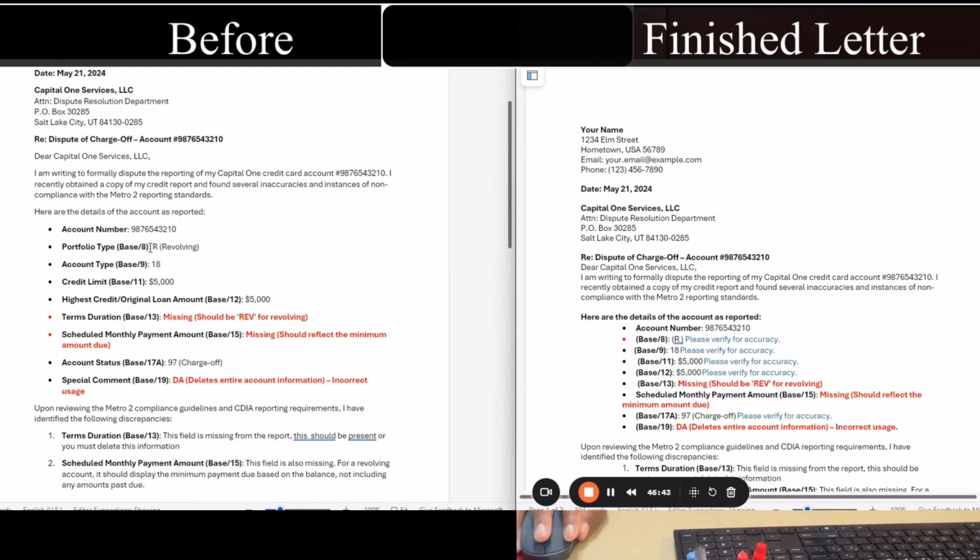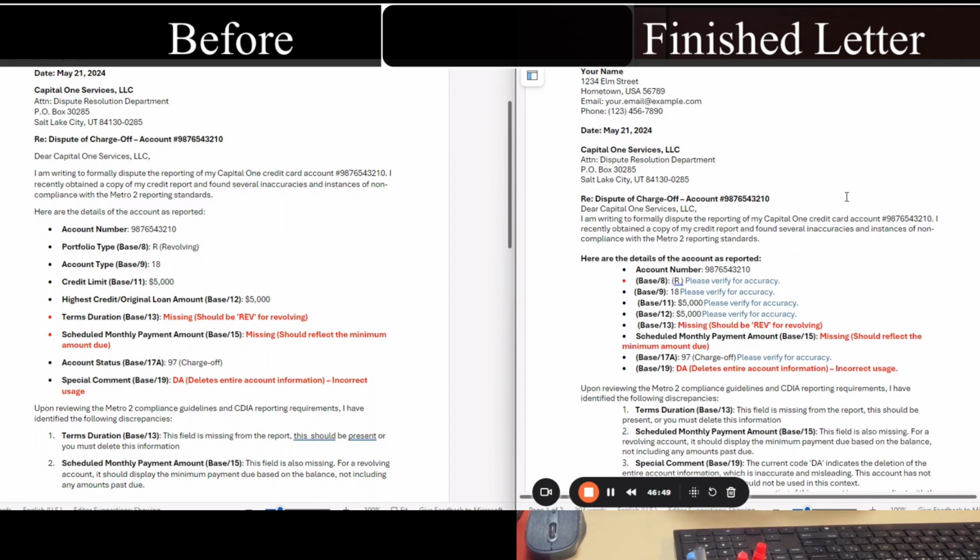So this is going to be the actual letter that we would send out. This letter is not going to be doing the work for them. This letter doesn't tell them exactly what field we're actually disputing.